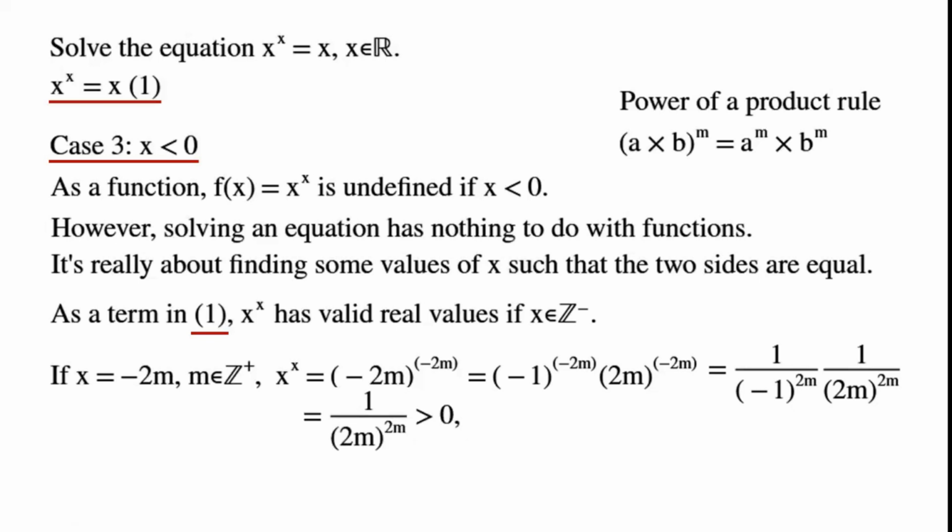(Minus 1) to the power of 2m equals 1. So we can now write equals 1 over (2m) to the power of 2m, which is greater than 0. But x equals minus 2m, which is less than 0.